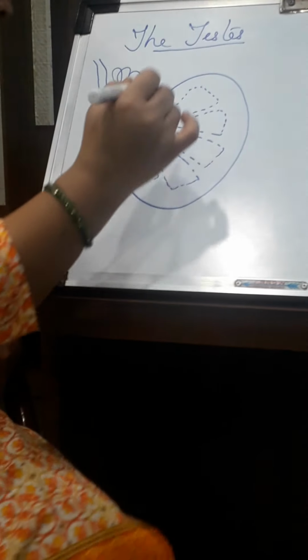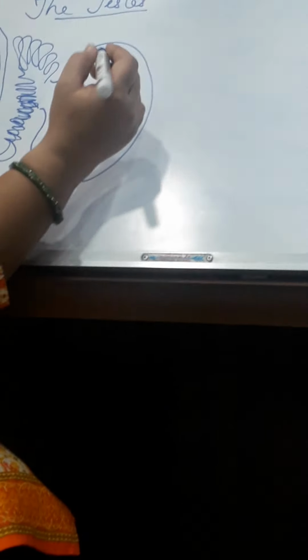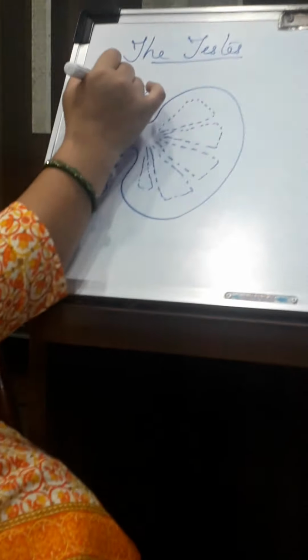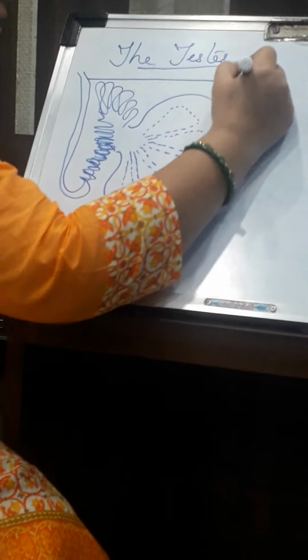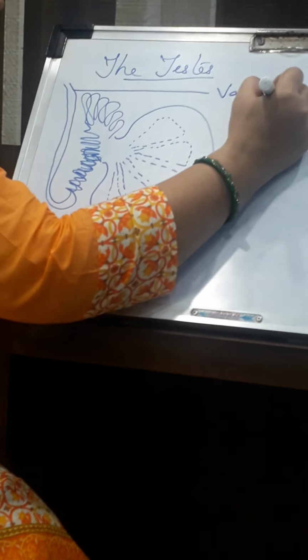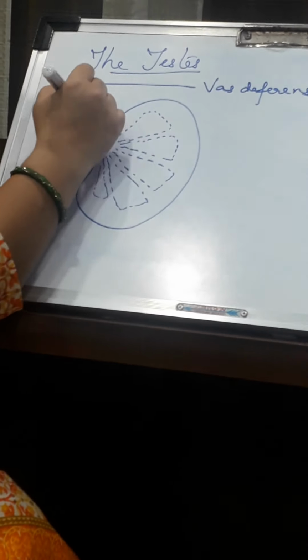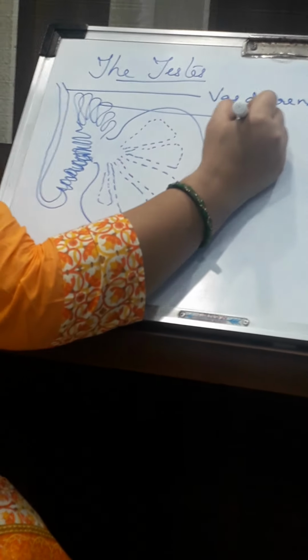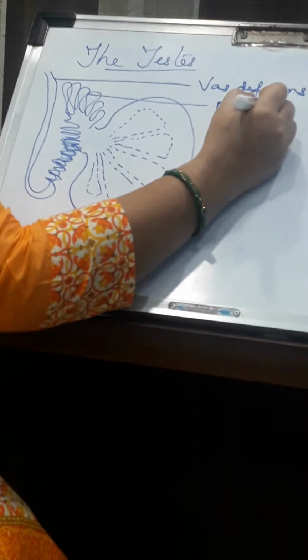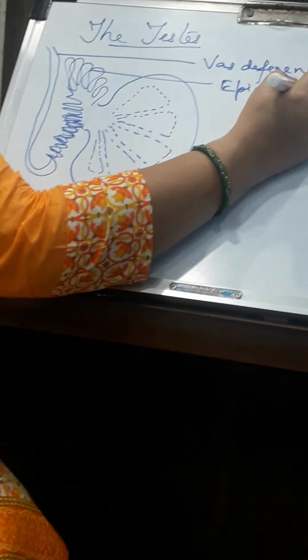Now, this is the vas deferens. Then it is the epididymis, spelled E-P-I-D-I-D-Y-M-I-S.